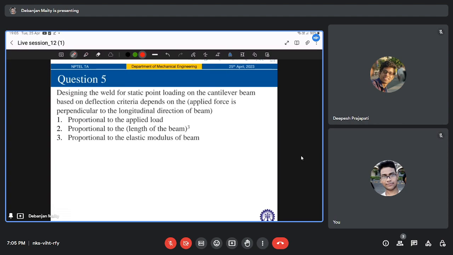Okay, now we have reached the content of this design for static loading. Till now we have discussed a lot of things in terms of defects, the sources of defects, and the categories of defects, and now we will spend our time on design for static loading.